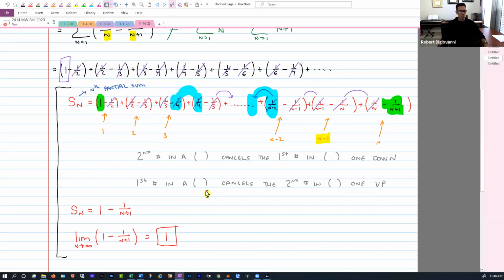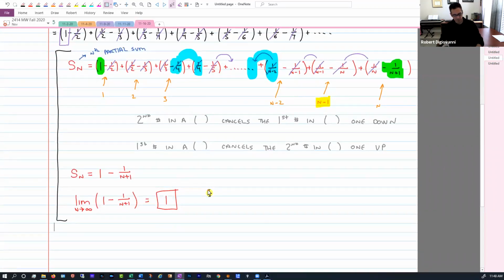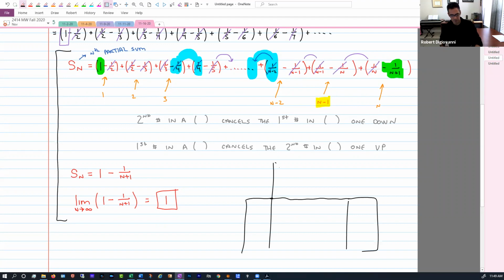Now, where does this phrase come from? We call these telescopic or collapsing series, right? The collapsing comes from the idea of, I always think of a bridge. Here's my little suspension bridge.